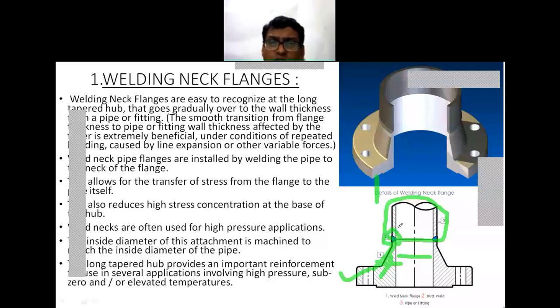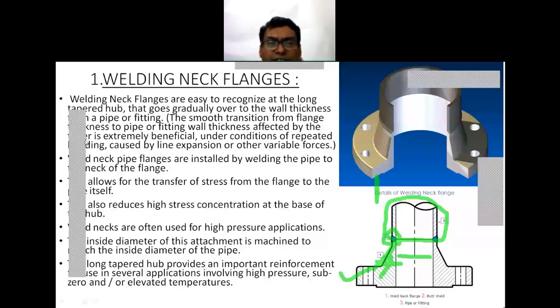That is the smooth transition from flange thickness to the pipe or fitting wall thickness. This is extremely beneficial under the conditions of repeated bending caused by line expansion or other variable forces.